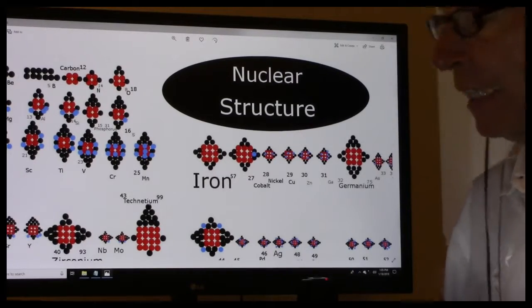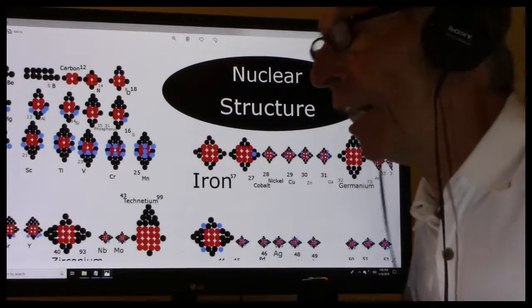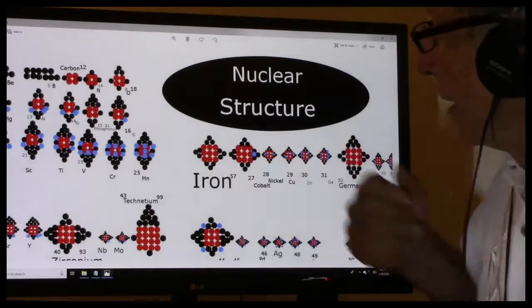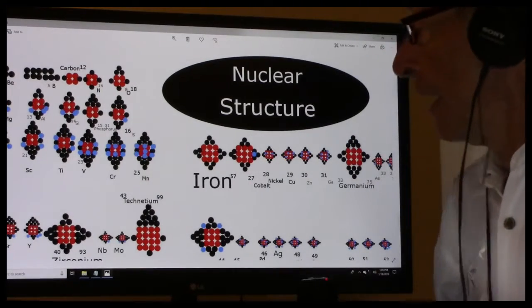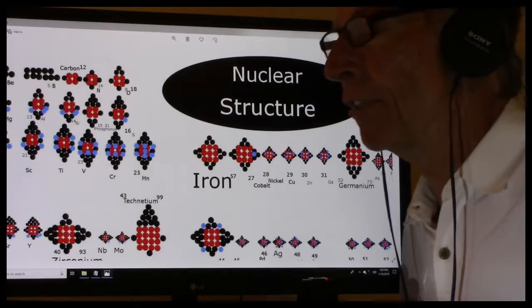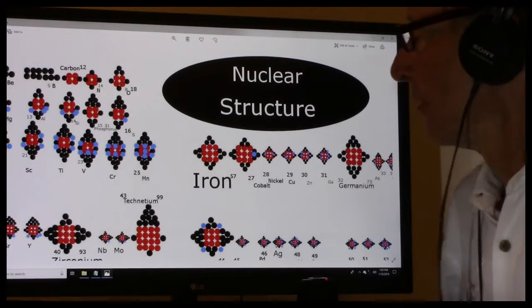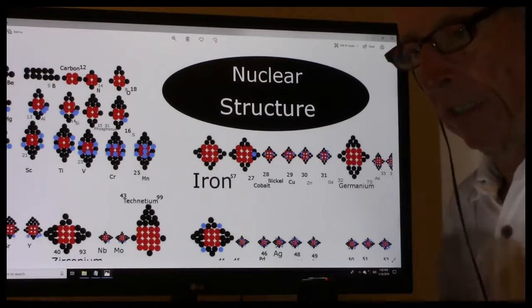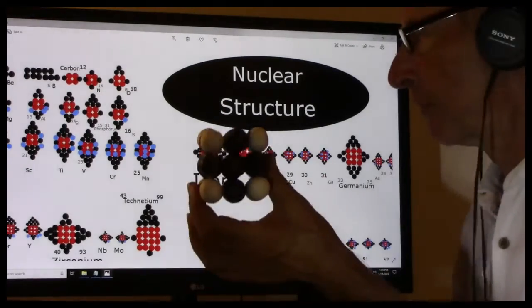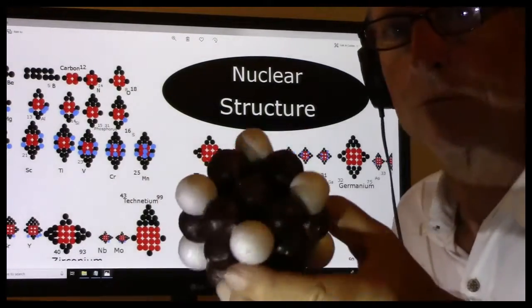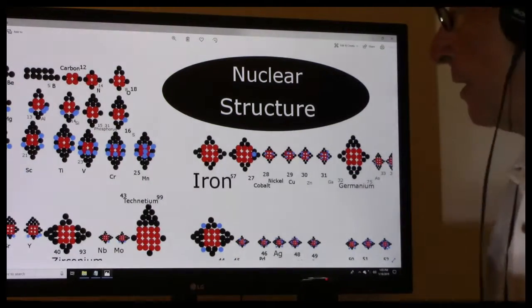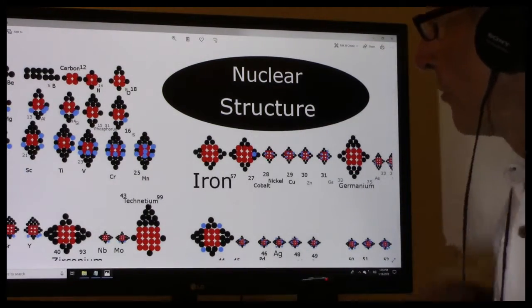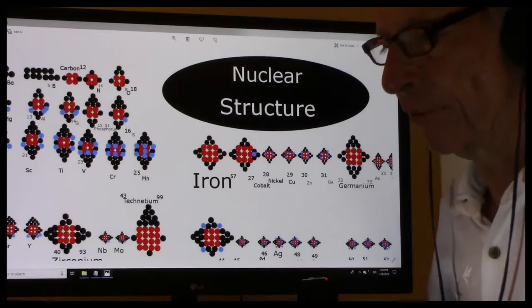I'm going to be talking about the new periodic table of the nuclear structure. And you see in the middle we have iron, which is the exemplary element, and this just shows protons and neutrons equally, so that the red parts are a cube shape of protons and neutrons, and the black parts are little pyramids of protons and neutrons.